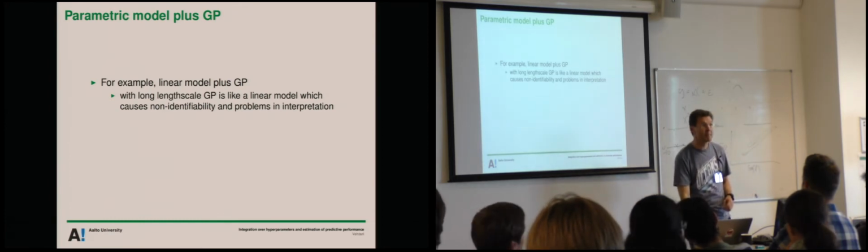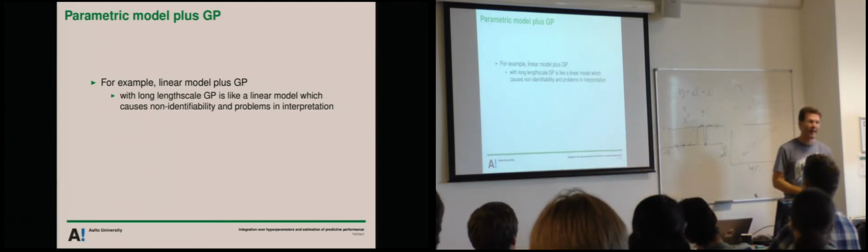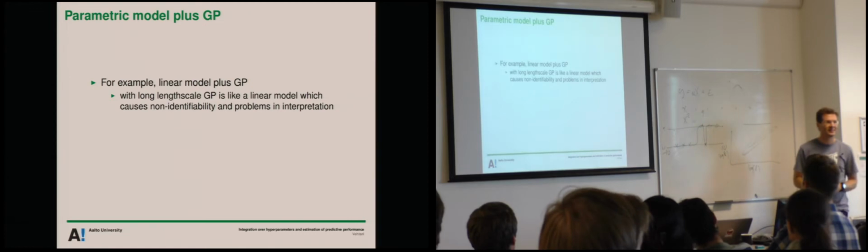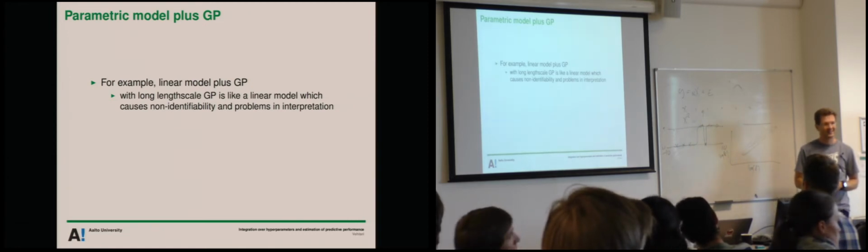Sorry? Yes? So can you then use ARD with a kernel that combines a linear and a squared exponential kernel? Because you said just using ARD with a squared exponential, let's say, is not good because you neglect the linear behavior of your system.